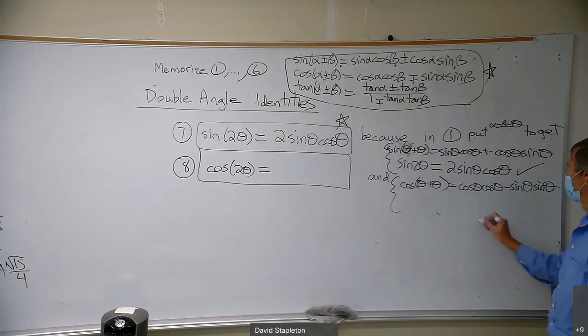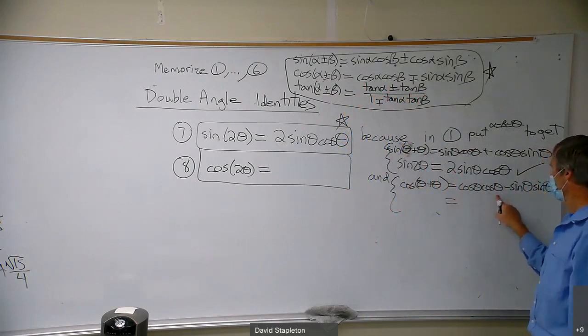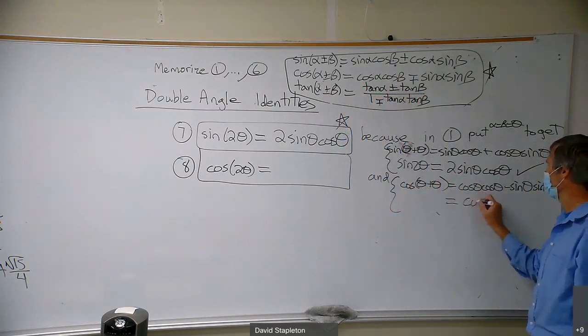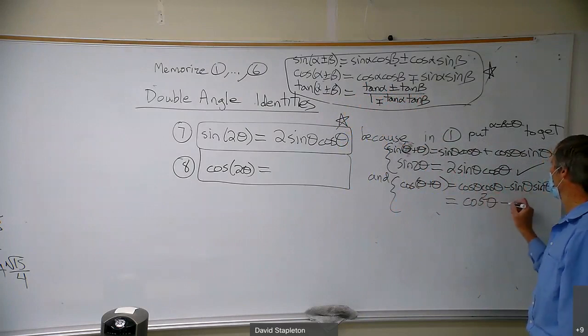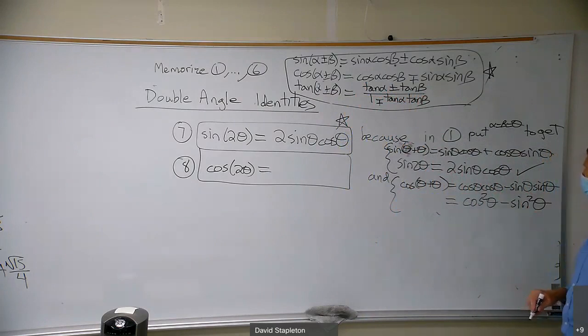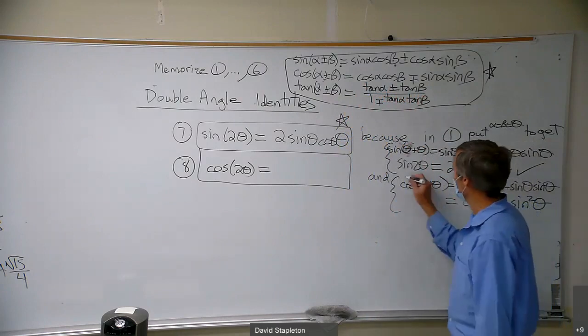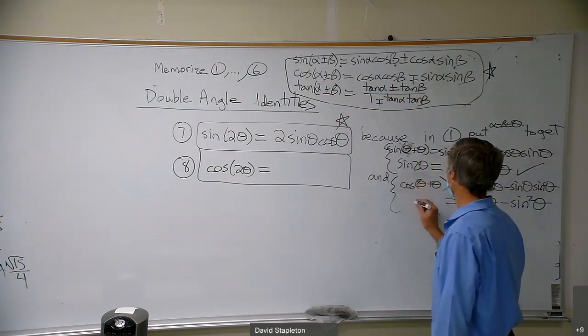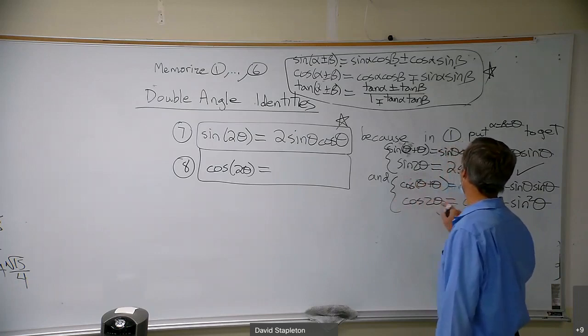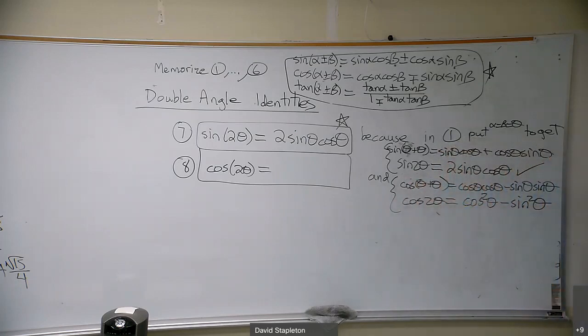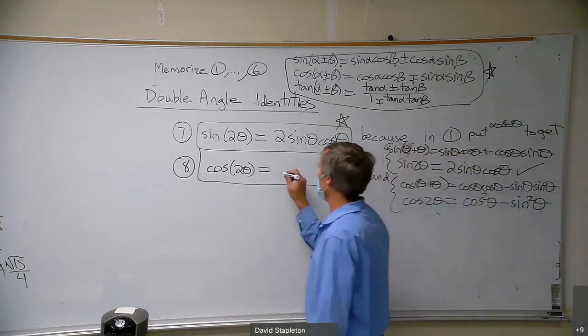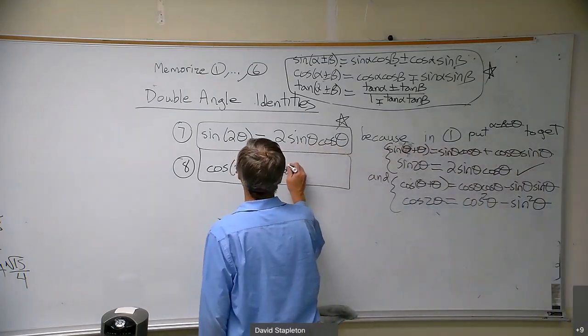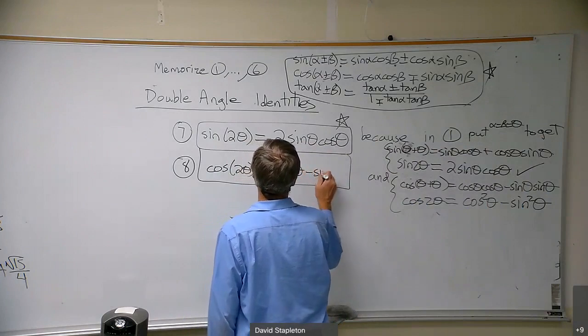Alpha and beta both equal to theta. Well, this is cosine squared, right? And this is sine squared. Cosine squared minus sine squared is the cosine of a double angle, right? So the left side is cosine 2 theta. So there it is. The double angle formula for cosine is that cosine 2 theta is cosine squared theta minus sine squared theta.